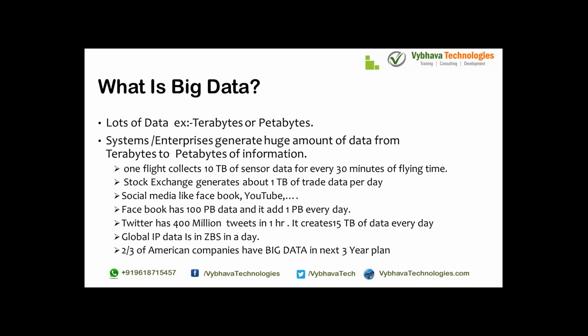One flight collects 10 TB of sensor data for every 30 minutes of flying time. The flight is going on air, so what is it storing, and where? You may or may not know, but there is a storage device in a flight called the black box.